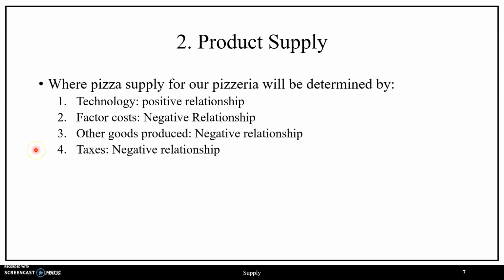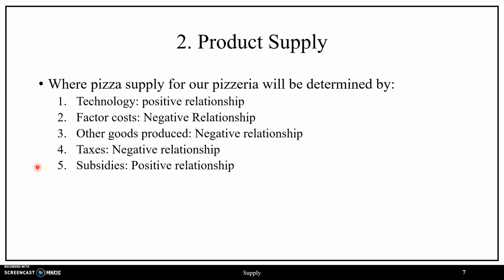Fourth, we have taxes, which we think of as a cost to the government. If the firm has to pay more in taxes to the government, then it becomes more difficult for this pizzeria to operate, where holding the price of pizza slices constant, we would expect them to reduce the amount that they're selling, so there'd be a negative relationship between taxes and what's being supplied.